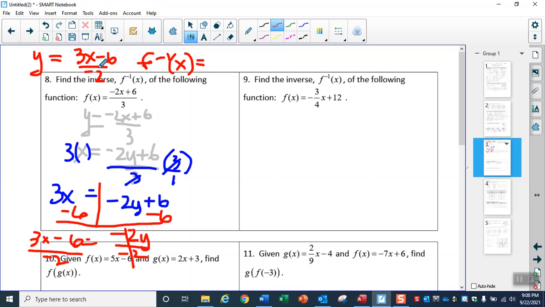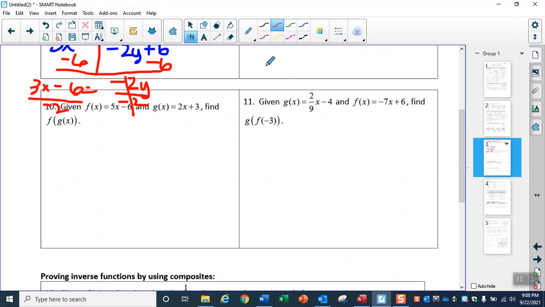So that would be -3x over 2. And then here I've got a -6 divided by -2, so that would be plus 3. Alrighty. And that is your final answer.